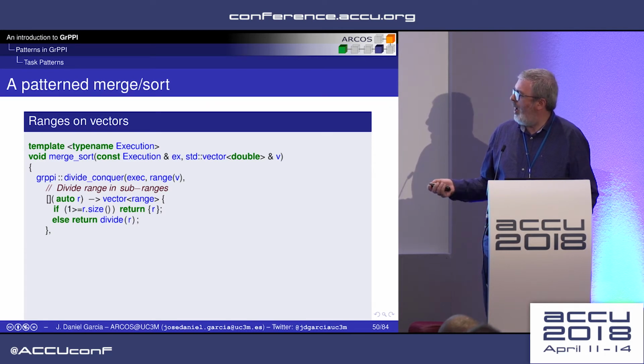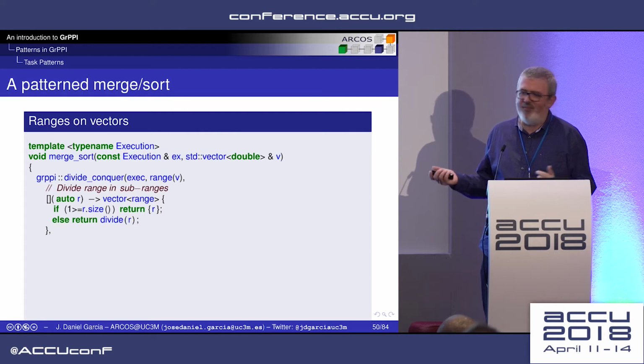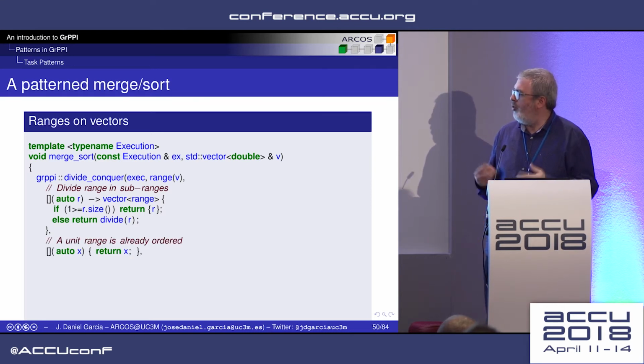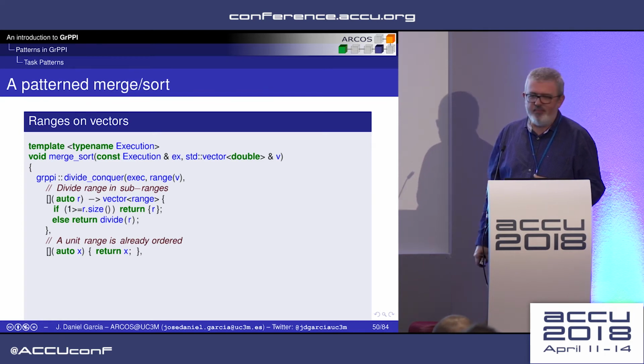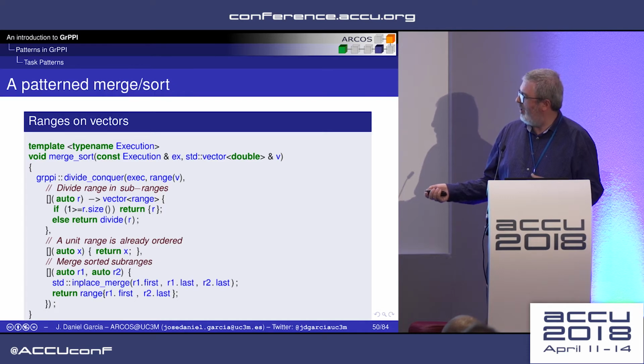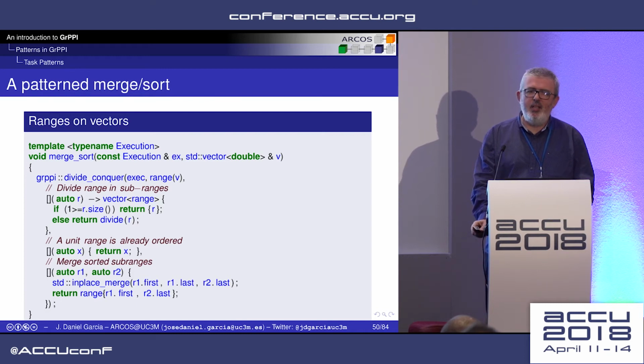Now, once I have a unit range, a range with a single element, it is already sorted, so I just return the value. And when I want to merge two ranges, I just use std inplace merge. And I return the new range, which is from the first element of the first range to the last element of the second range. And this works nicely on my multicore, and all the details are orchestrated by the library.